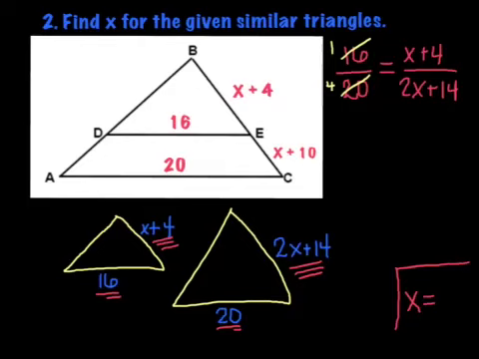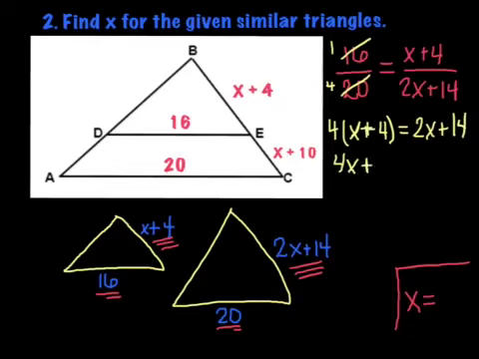So when we cross multiply, we're going to get 4 times x plus 4 equals 1 times 2x plus 14, which is just 2x plus 14. Okay, distribute. So 4x plus 16 equals 2x plus 14.